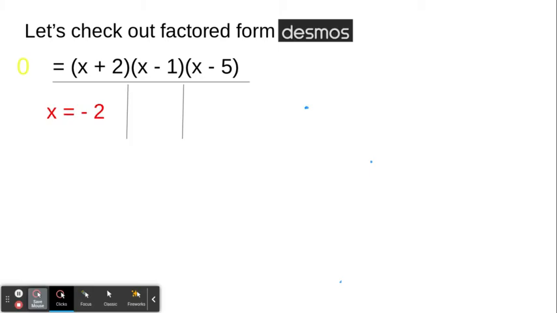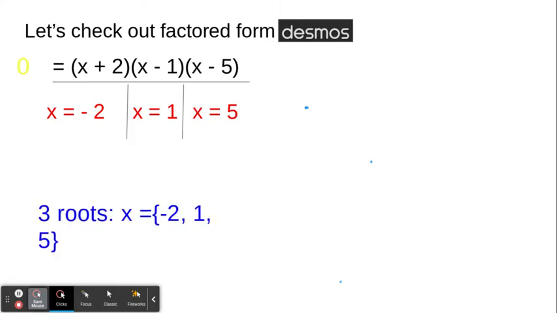If x minus 1 equals 0, I know that one of my roots will be x equals 1. And if x minus 5 equals 0, I have a third root of x equals 5. We have three roots, negative 2, 1, and 5.